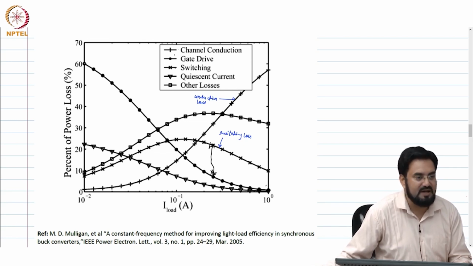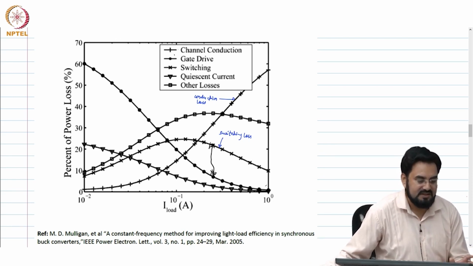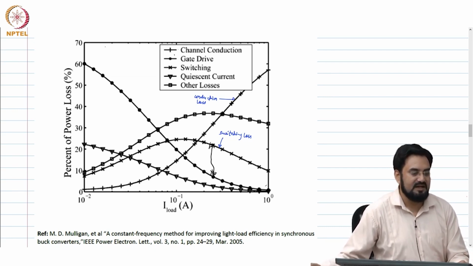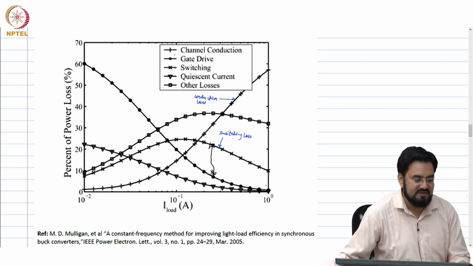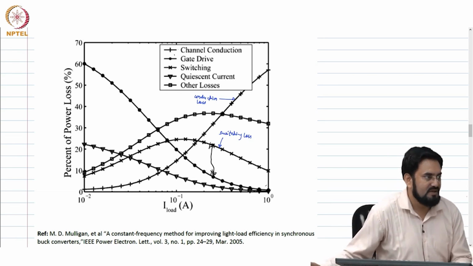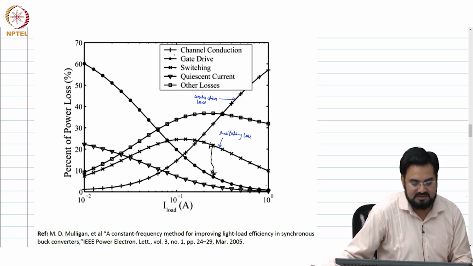Now, think about if I reduce the switching frequency. If you reduce the switching frequency, this will start dropping. So this is the case where they are not doing anything with the switching frequency. Then I can bring it down, and this 20% may increase relative to this. So this will start dominating, maybe this may become 60% and this may become 20% in that case, and the rest 20% will be contributed by other losses.